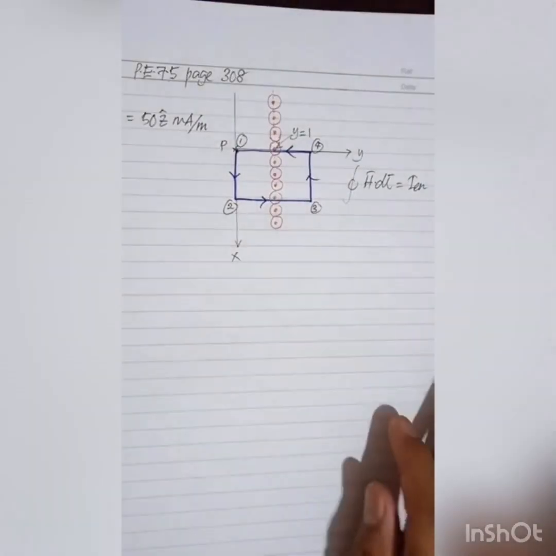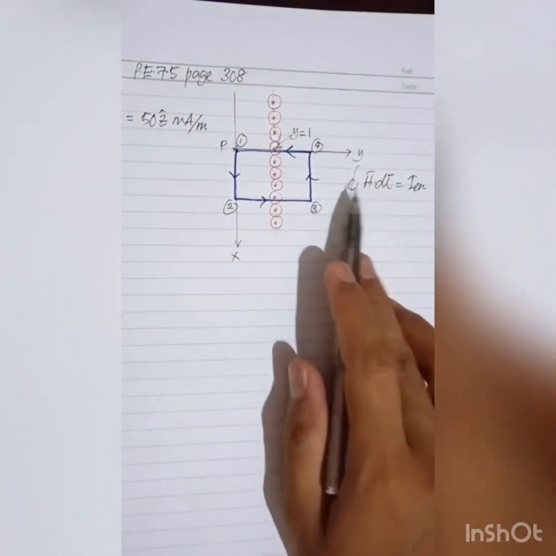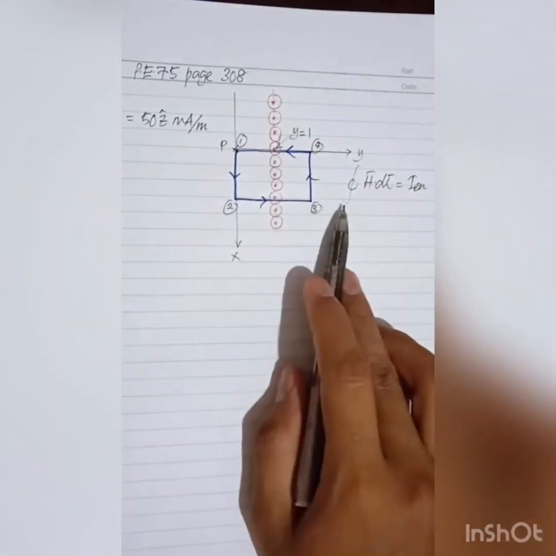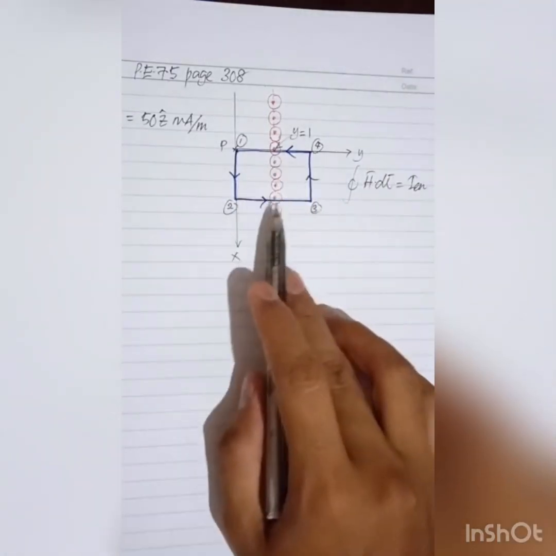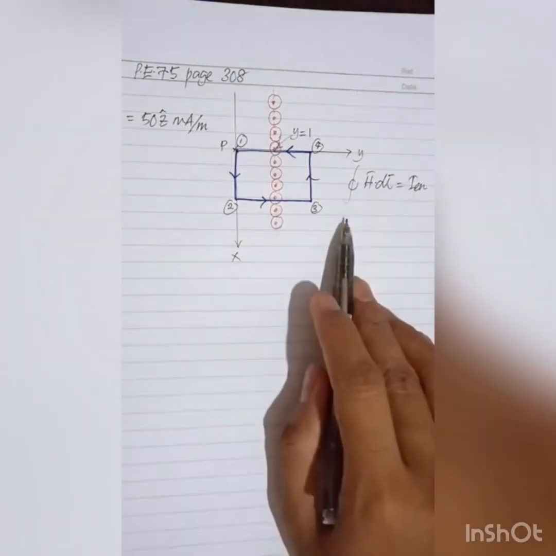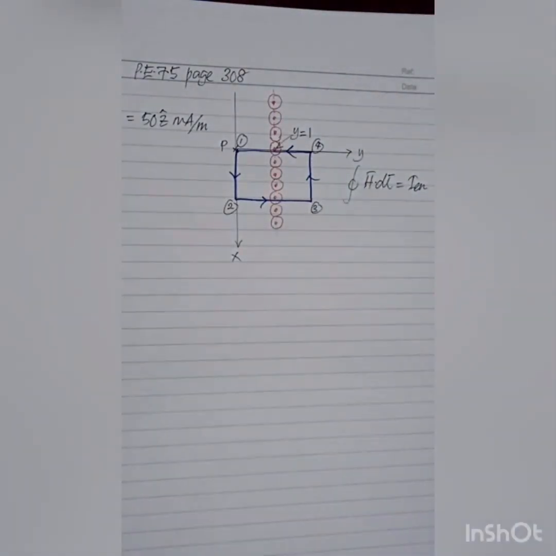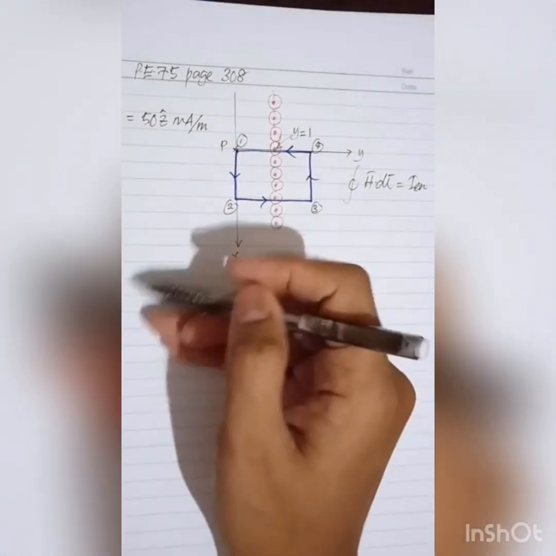Alright, based on this ACL equation, we know that the integration will consider the whole path, isn't it? Since we have 4 different paths, we can decompose this integration into 4 different path integrations as shown down here.